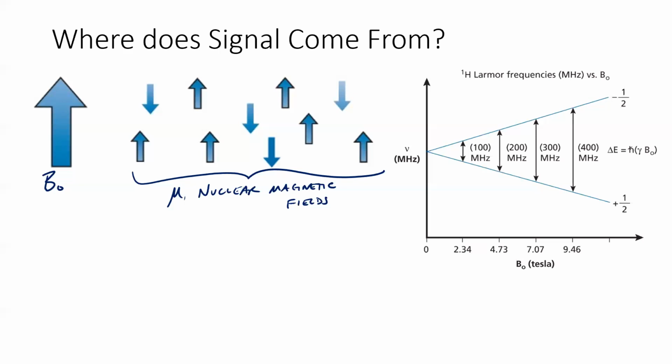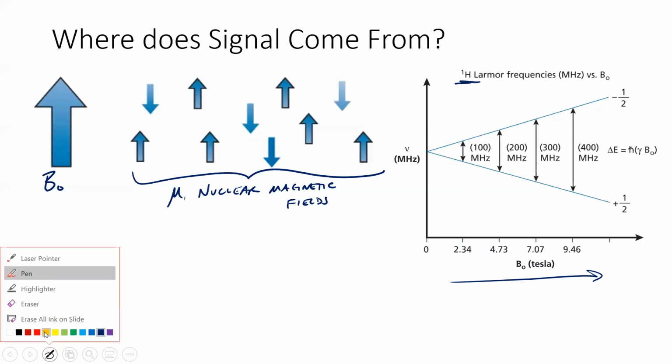Ashley, maybe this explains a bit more to your and Annabelle's question. If we increase our Tesla size, the magnetic field strength here, we have this larger energy gap. This is for protons, but it would look similar for carbon.